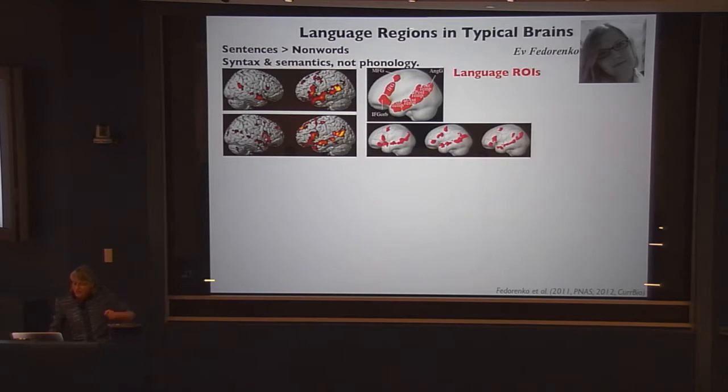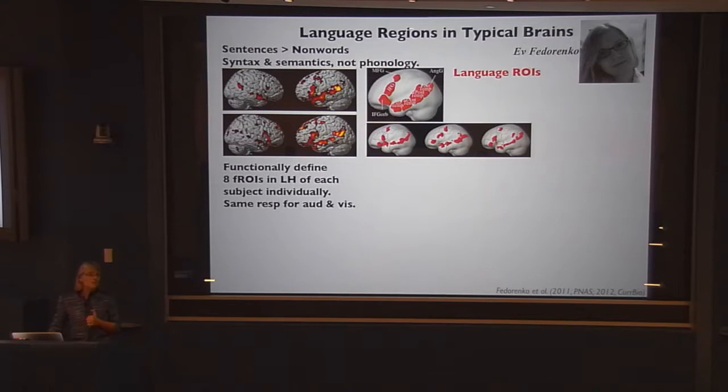Those are the red regions, and here are a few individual subjects. So what she's done is devise a way to intersect each individual subject's activation with those broader parcels to define in each subject 8 different regions in the left hemisphere. That's just a way to say what's what across subjects. And various reality checks.